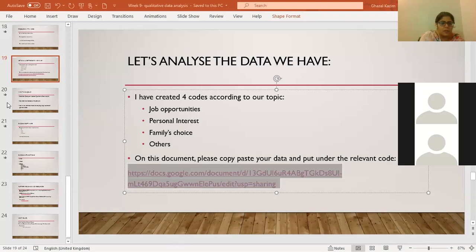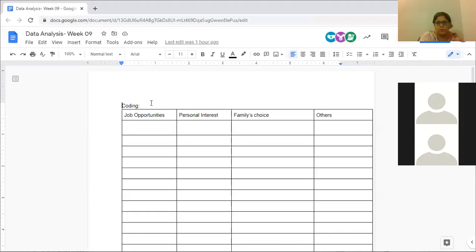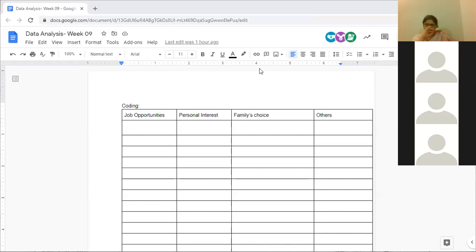Is it clear? Halimat, could you open your mic and explain it to everybody what we are doing? Yes, ma'am. You told that there are 4 coding systems. There are 4 namings of the codes. Categories, we can say: job opportunities, personal interest, family choice, and others.